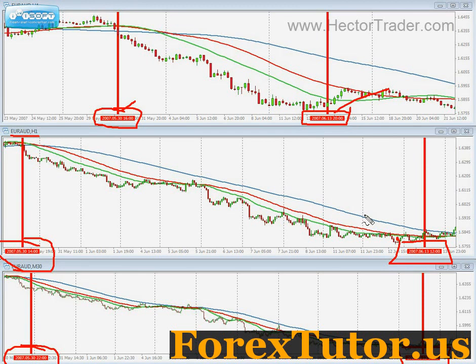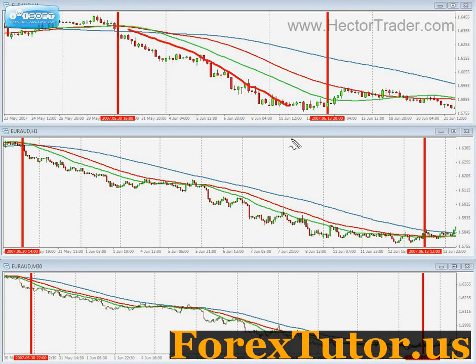Now, the question is, which time frame does this downtrend belong to? It's clear the price is downtrending between these 2 dates. Is this a 4-hour time frame, a 1-hour time frame, or a 30-minute time frame?